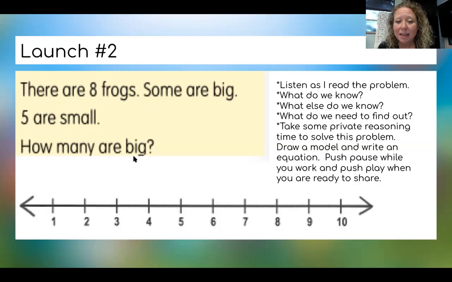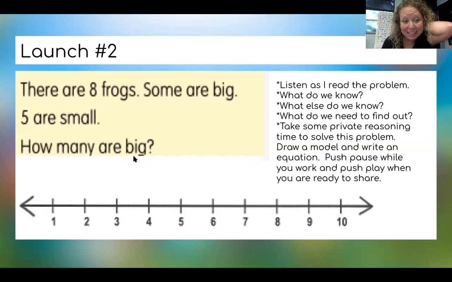So let's think about this problem. What do we know in the problem? Turn and talk. We know that there are 8 frogs. There's not 7, there's not 6, there's not 9, there's not 10.